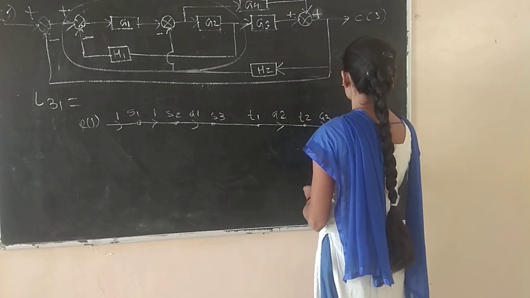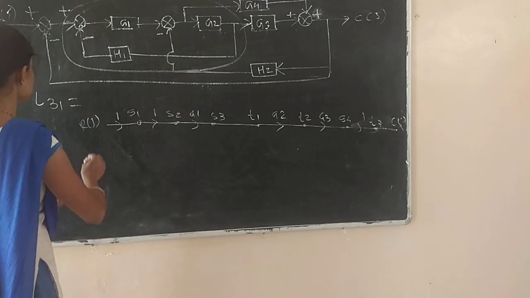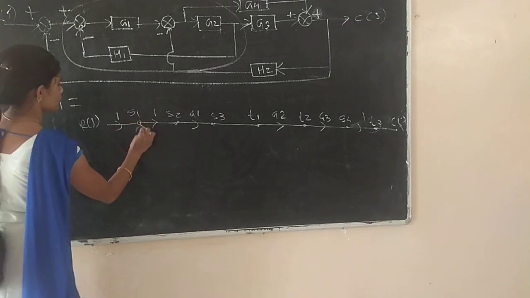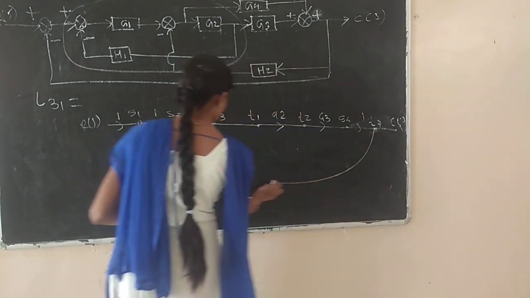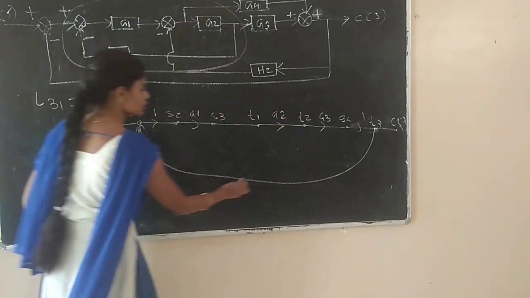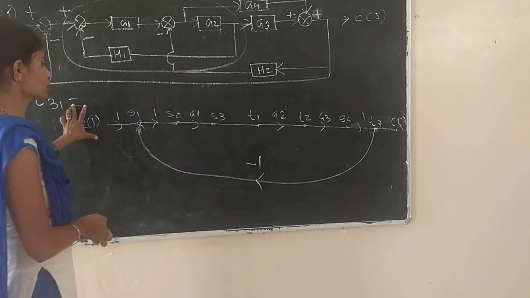Here it is a 1. This is a forward path and the loop is at this summing point S1 to this takeoff point. And this is nothing but the -1. Means this is a loop third, L31.